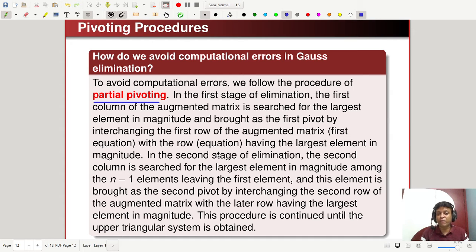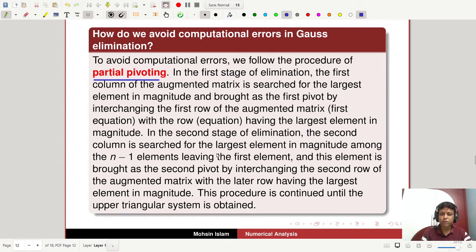In the second stage of elimination, the second column is searched for the largest element in magnitude among the n minus 1 elements, leaving the first element, and this element is brought as the second pivot by interchanging the second row of the augmented matrix with the later row having the largest element in magnitude.